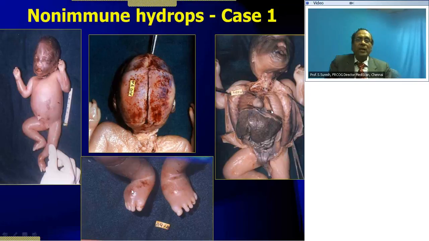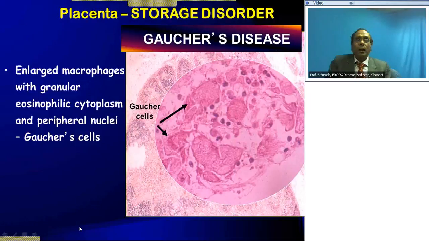Here's a case of non-immune hydrops. We spoke about Rh isoimmunization, which is immune hydrops, which has a large placenta, and in some types of non-immune hydrops, you can also have a large placenta. This patient had a large placenta, we did the histopathology, and that histopathology actually gave us the diagnosis of a storage disorder.